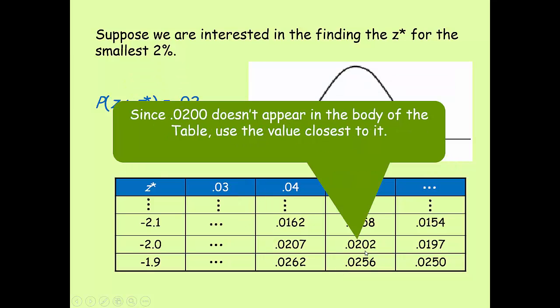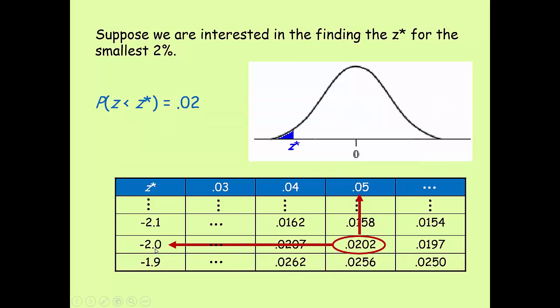Well, I can see 0.0202 is the closest. Many times you may not get an exact value, like in this case, so you pick the closest value. Then I read the z-score, and I get negative 2.05. Again, it makes sense that this would be negative because I'm to the left of 0.